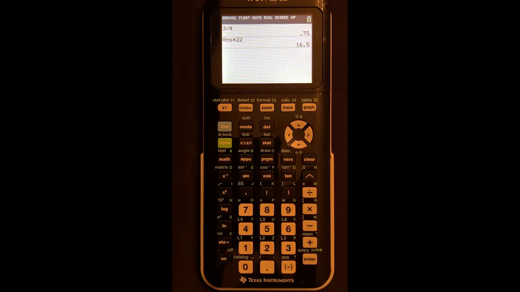But in this diagram, they're giving us a triangle that measures 22 for the hypotenuse. So you have a proportionality there of 3/4 is equal to x divided by 22. So because you want to solve for x, you would multiply 3 times 22, and then you would divide that by 4, and that gives you the same 16.5 answer.